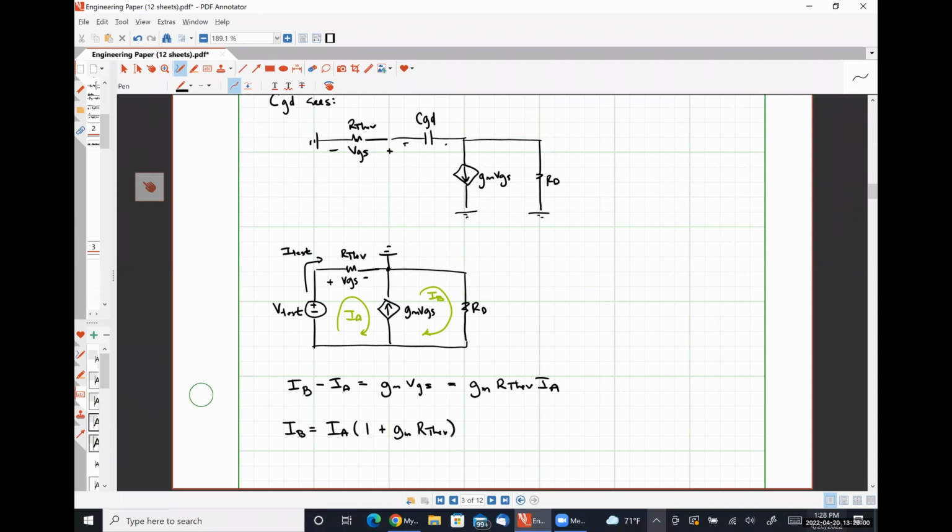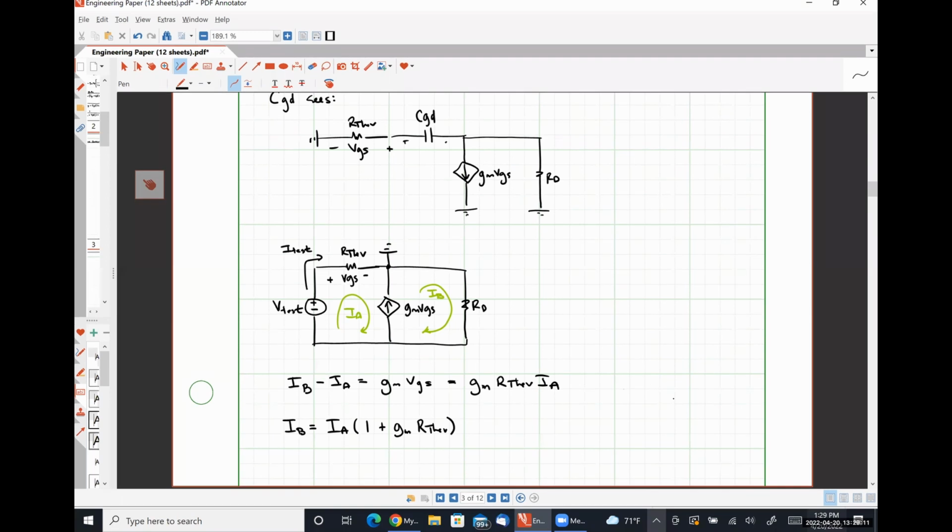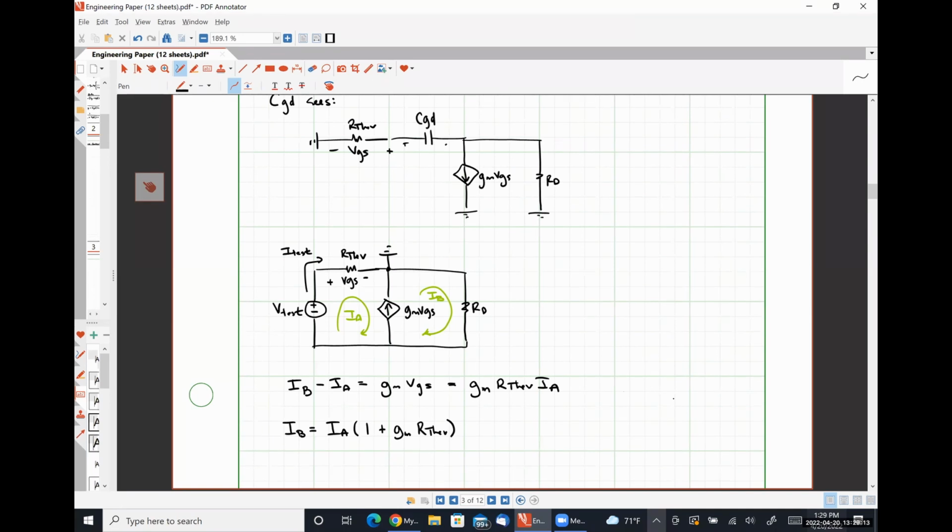Okay. So from here, we would apply Kirchhoff's voltage law around that outside loop again, right? And IA is obviously the quantity I test as well, just for those of you who are paying attention.